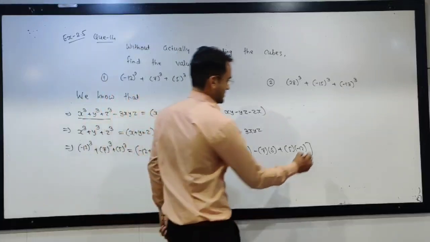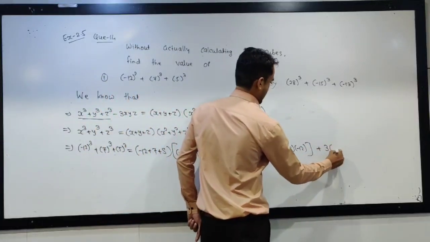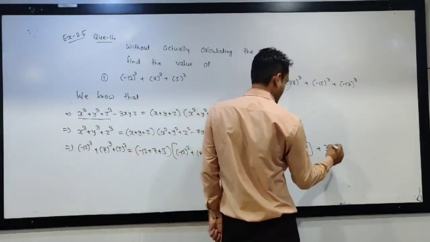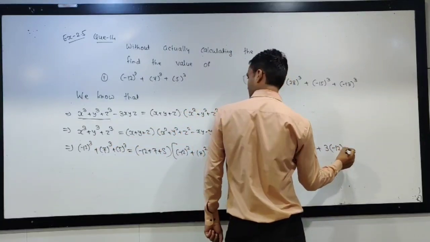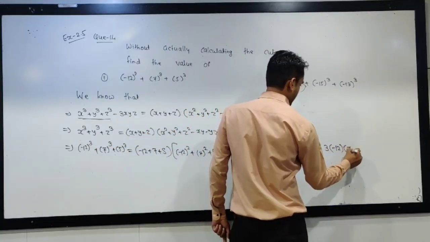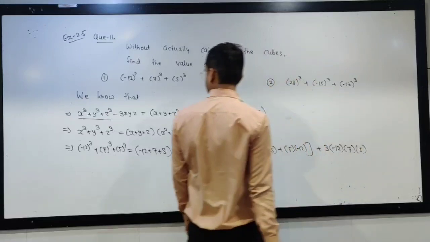Now plus 3xyz, that is 3 times minus 12, 7 and 5.